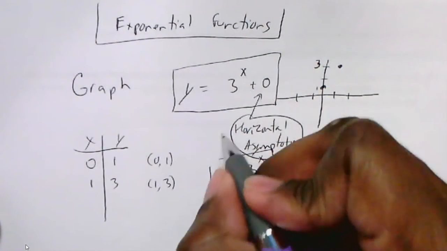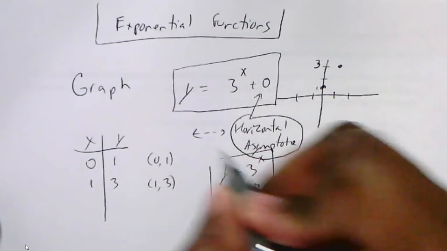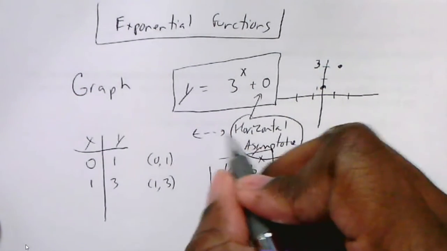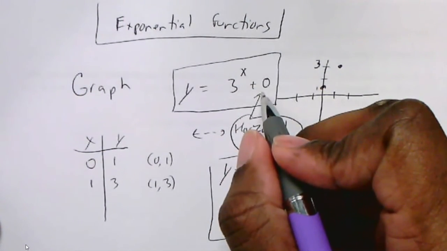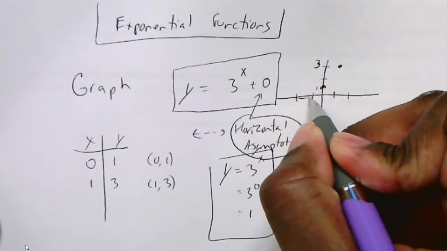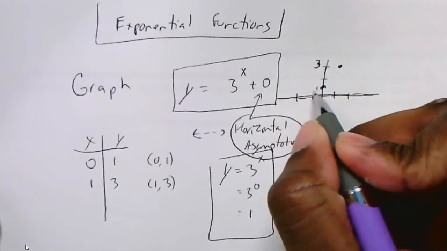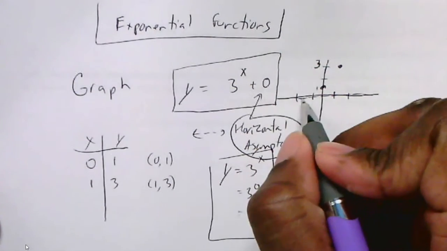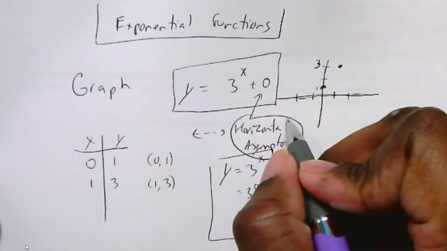The horizontal asymptote is going to be a horizontal line this graph doesn't cross. This horizontal line is when y equals 0, which is right here, basically the x-axis. So in this problem, the horizontal asymptote is the x-axis.